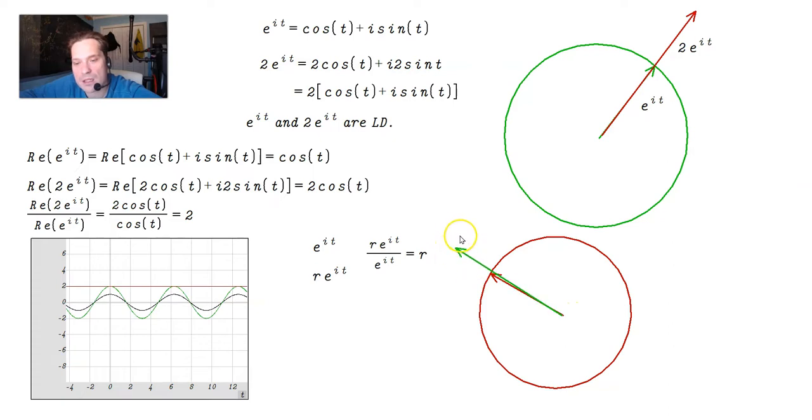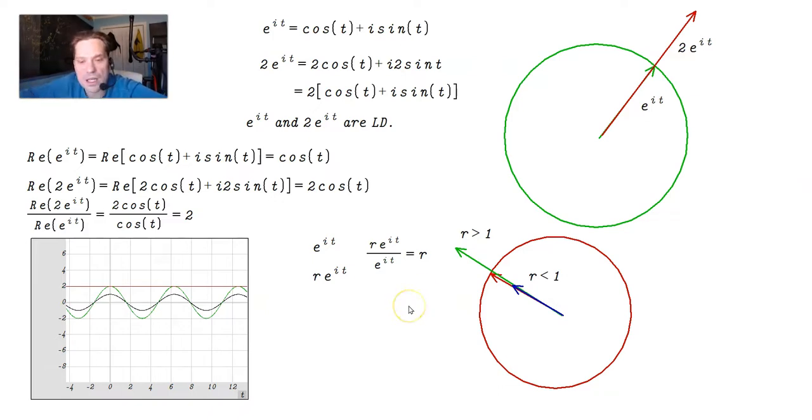This would be, say, r greater than 1, which means you would be multiplying e^(it) by a number more than 1. You're stretching it out. Another case might be this one here, the blue one. That would be the case of r being less than 1. Then you would be taking e^(it), and because the number in front of it is less than 1, you're compressing it and making it shorter.